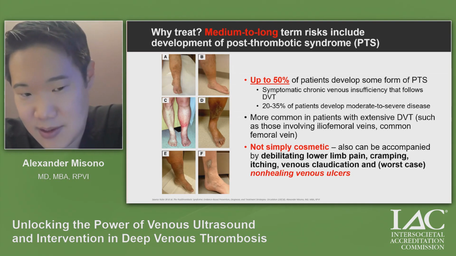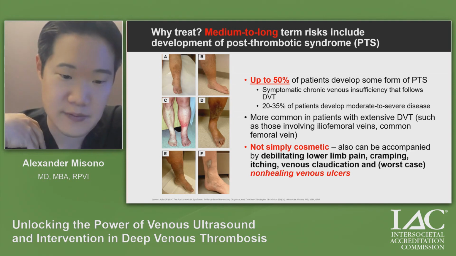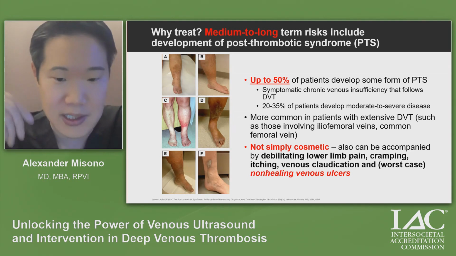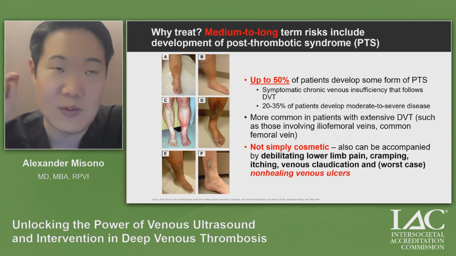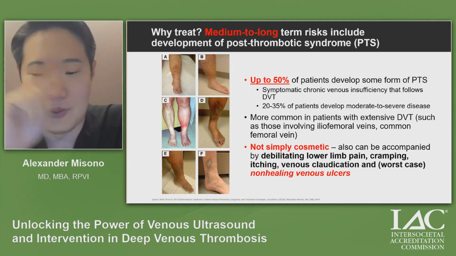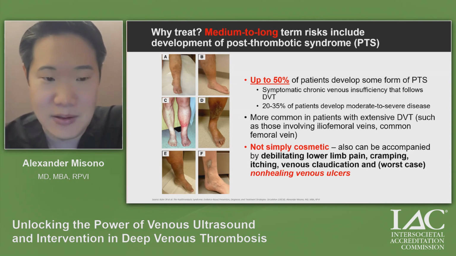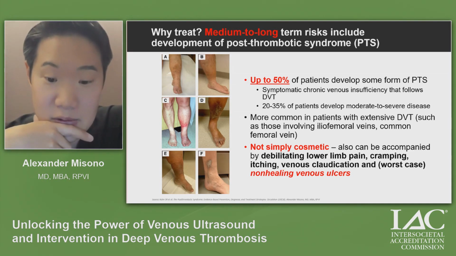These patients with these cosmetic defects that you can visualize, which are helpful for us as providers to assess severity of disease and correlate with deep venous pathology, it is not simply cosmetic because the vast majority of the time it is coupled with other issues such as debilitating limb pain, cramping with ambulation that never gets better, itching that drives them crazy, and even non-healing venous ulcers.